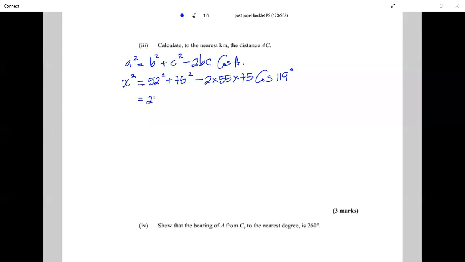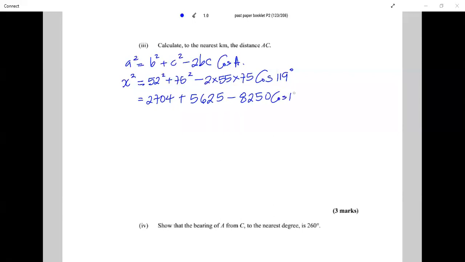52 squared is 2,704. 75 squared is 5,625. Two times 52 times 75 is 8,250.